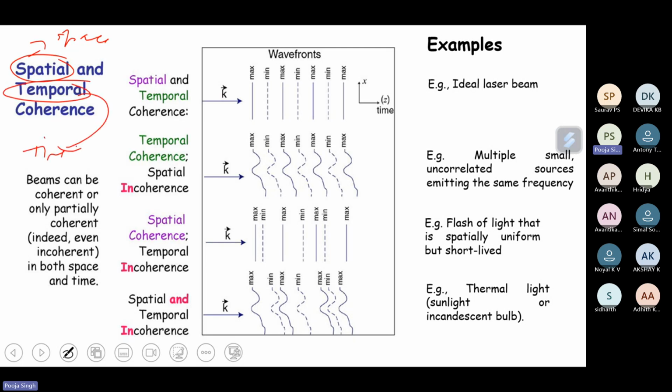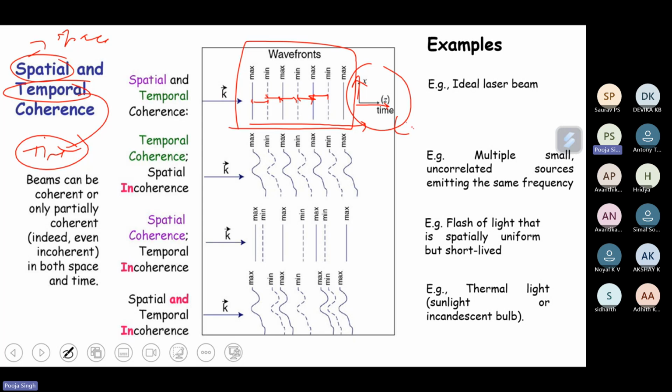Here you can see the axes given, the time and the space, which is the distance. If you look at this kind of wavefront, it has equal distance, and it is infinite. So we can say that LC, the coherence length, is infinite.